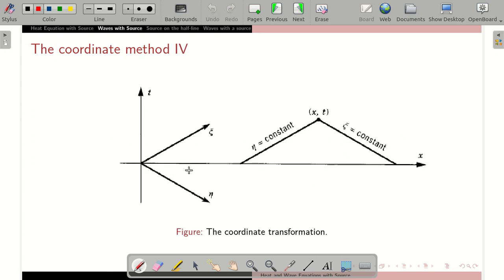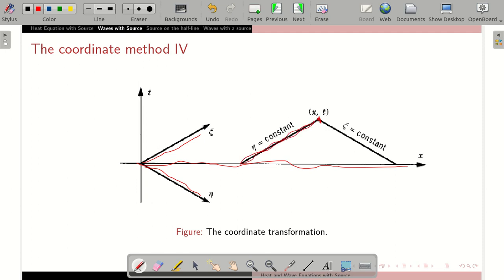So this is the x-axis, this is the t-axis, and you make some transformation. This is xi, this is eta, a rough transformation. You take any point (x, t) here. You know that x plus ct remains constant along this line.